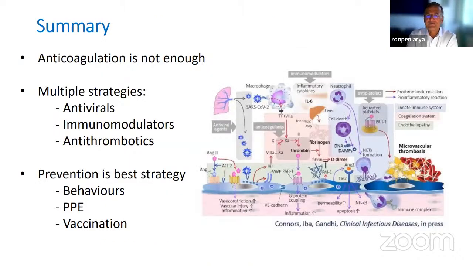So really, anticoagulation was an important part of the armamentarium, but was not enough in itself. And so I think there were multiple strategies: the use of antivirals, the use of immunomodulators as well made a big difference.